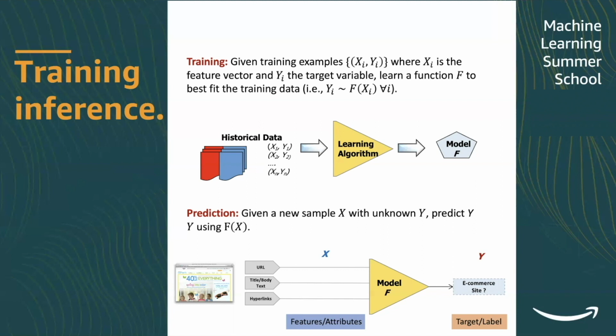So this broadly, the split into training and prediction is something very important for us to note, especially because it is performance on the test sample at prediction time that is most important to us. And this performance on the test sample is what is called generalization. And we will come back to this in a few slides.